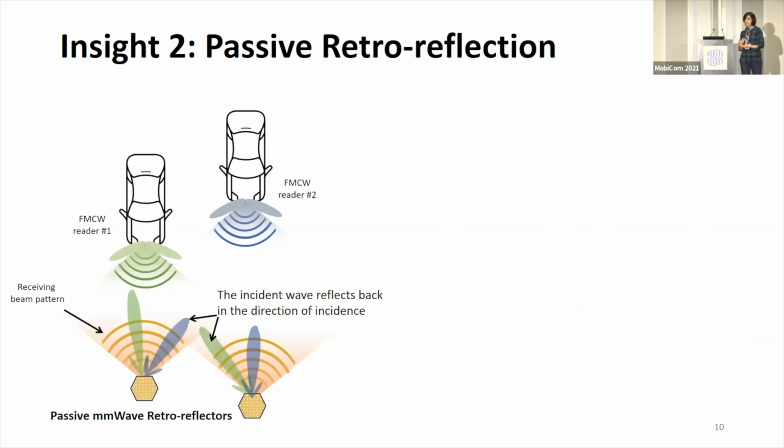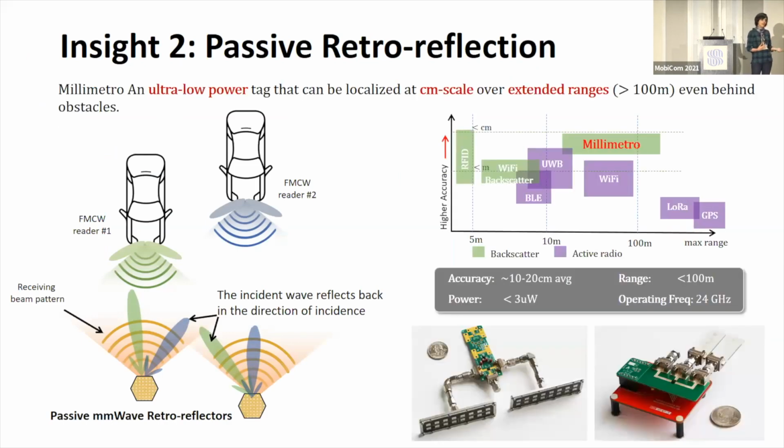There is no active beamforming or phase shifter at the tag to steer the beam. This way we can push the performance along three different axes. The tag is very low power because of the simple circuitry. With a 3-volt lithium battery, it can constantly operate for more than 20 years, or you can just have a small solar panel and use energy harvesting that way.